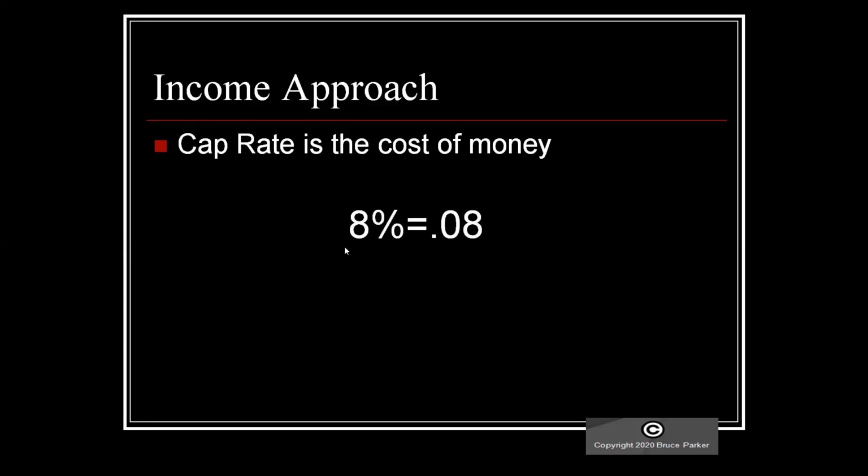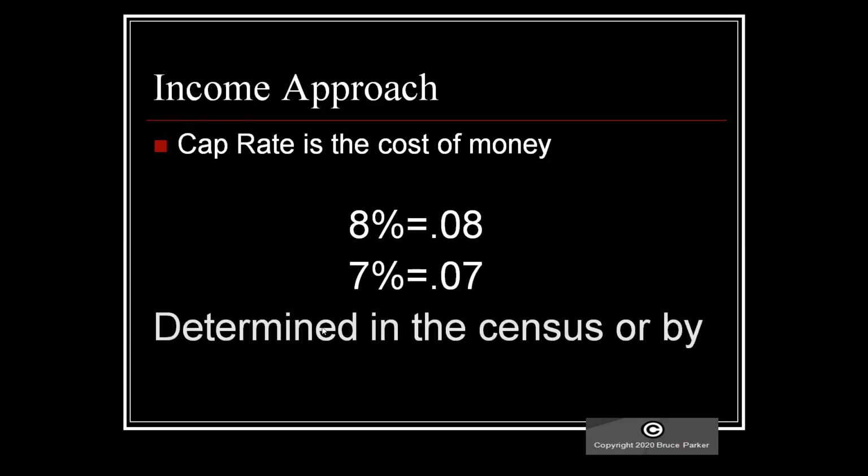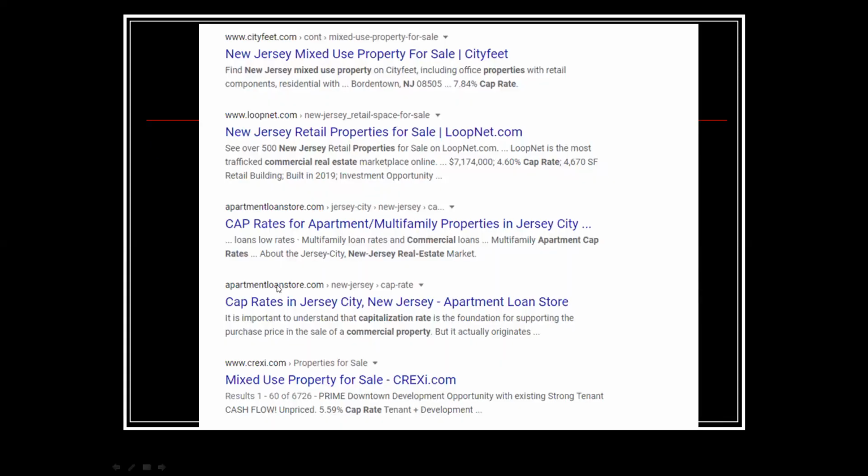If the cap rate is 8%, we write it as 0.08. 7% is 0.07. And it's determined in the census, or by your economic coordinator in the municipalities, or by the market, or just by what rate of return an investor wants.